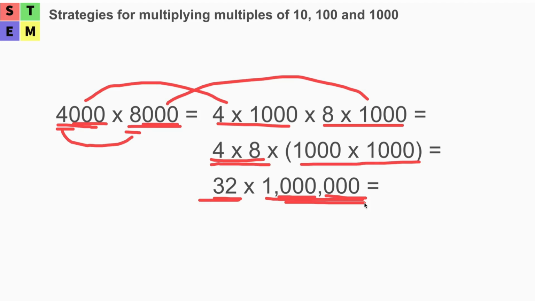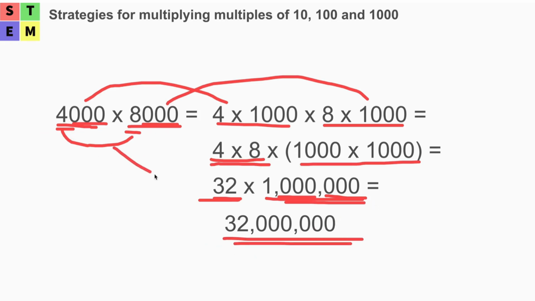So what we have at the end is 32 million. Okay, so again, 4 times 8 is 32, and 3 zeros and 3 zeros together is 6 zeros. We have it here, and we have 6 zeros here. That's 32 million.